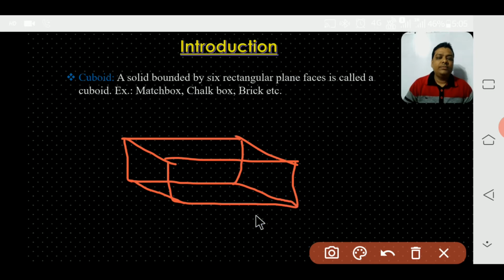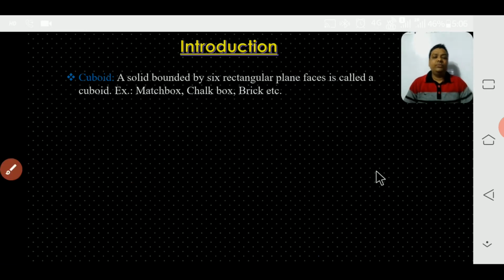Here you can see the length, breadth and height of the cuboid. A matchbox, chalk box, brick, etc. are cuboids. We can see these types of shapes in our day-to-day life.